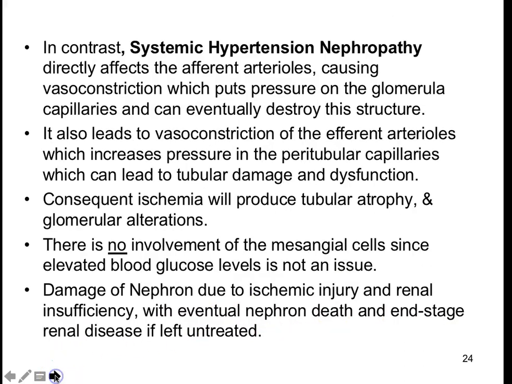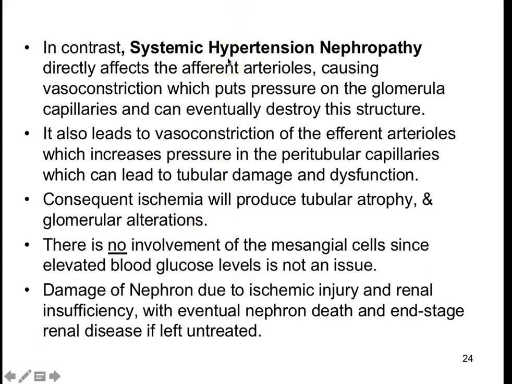But it's all about the glomerulus. Systemic hypertension, either a non-diagnosed or non-compliant person, can also cause chronic nephropathy and can also lead to end-stage renal failure. But it's a very different ball of wax.